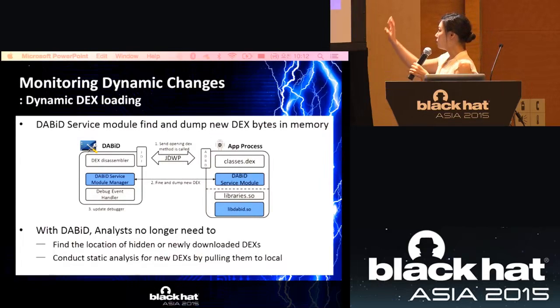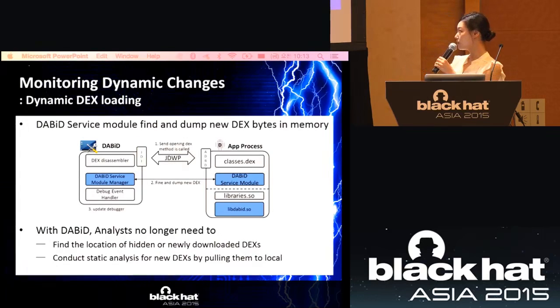Then the debugger interprets the new DEX and gives a clean view of it. So with DABiD, analysts no longer need to find the location of hidden or newly downloaded DEX, and do not need to conduct static analysis for new DEX by pulling them to local.